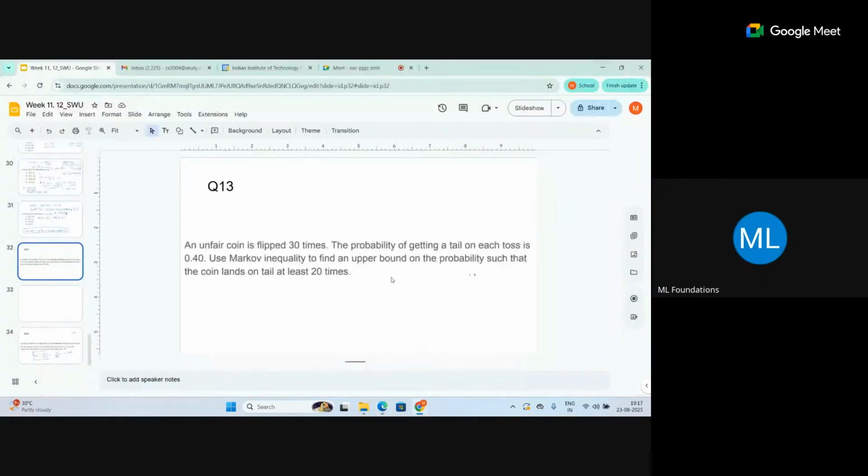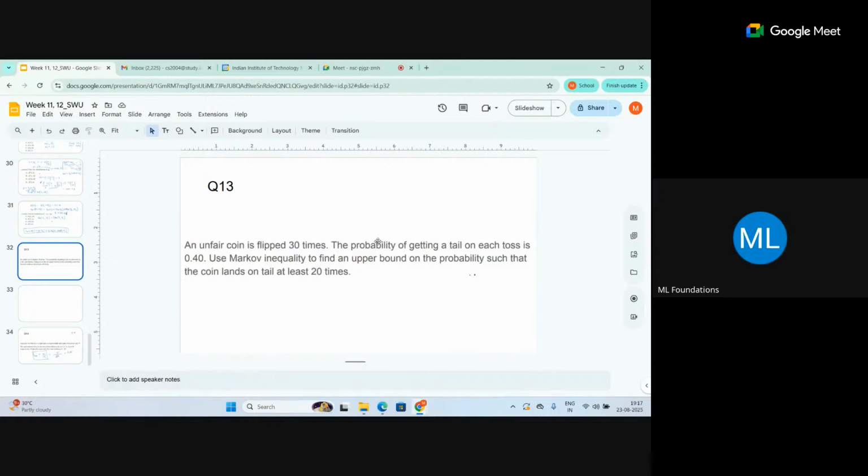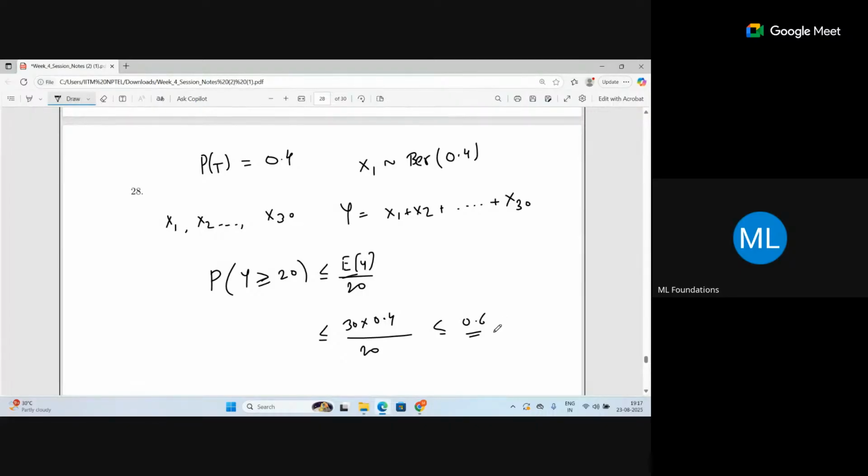Suppose it was asked to find the probability that the coin lands on the tail more than 20 times. In that case, will the probability be the same or different? It will change. It will be greater than or equal to 21.